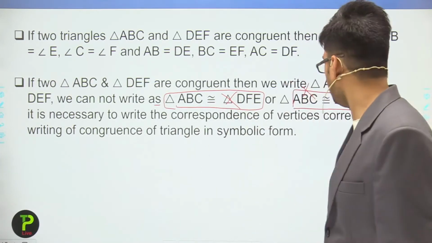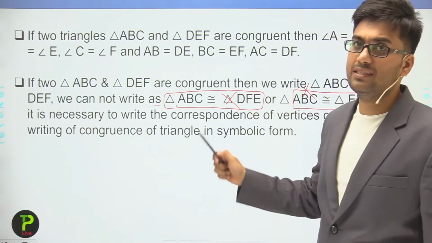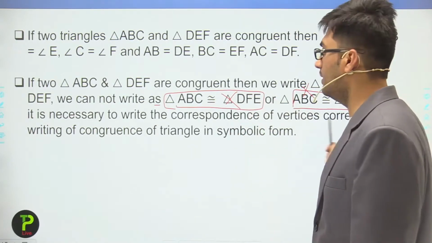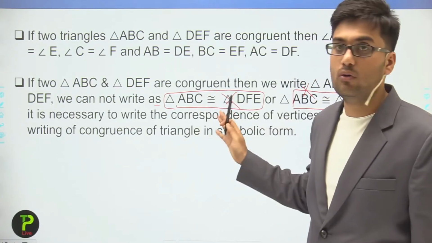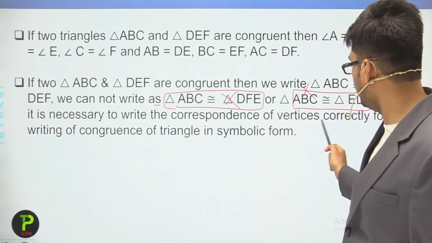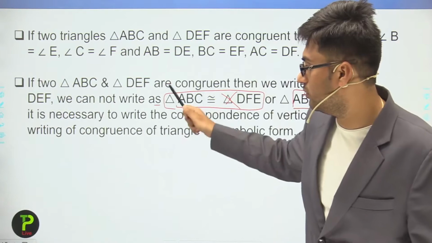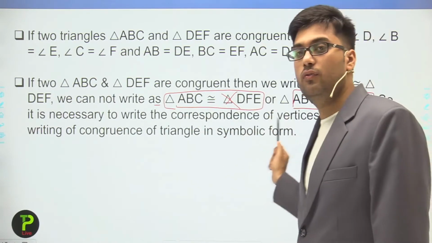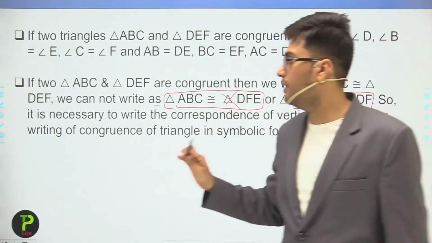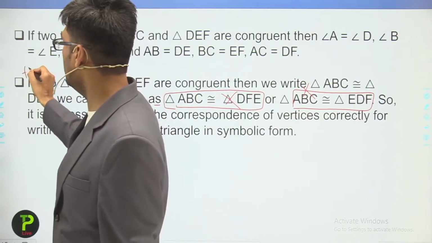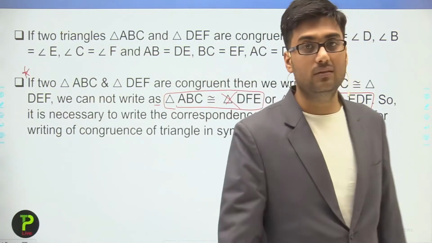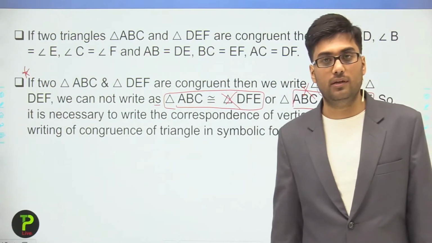Clear? So it is necessary to write the correspondence of vertices correctly for writing the congruence of triangles in symbolic form. Students, this is a very, very important point. You have to remember this point when you write the congruency of triangles symbolically.